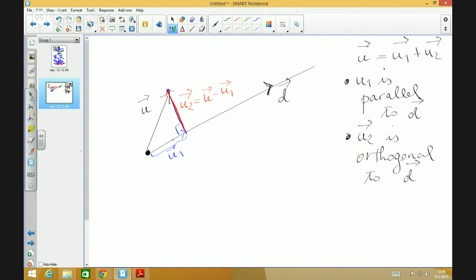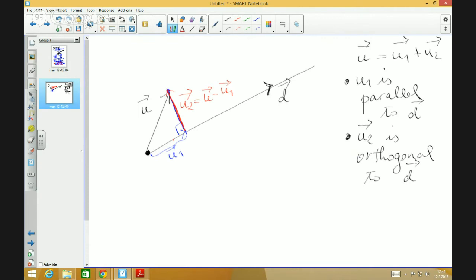So what is u1? Well, first of all, u1 is parallel to the direction vector d. But what is it that we saw last time?